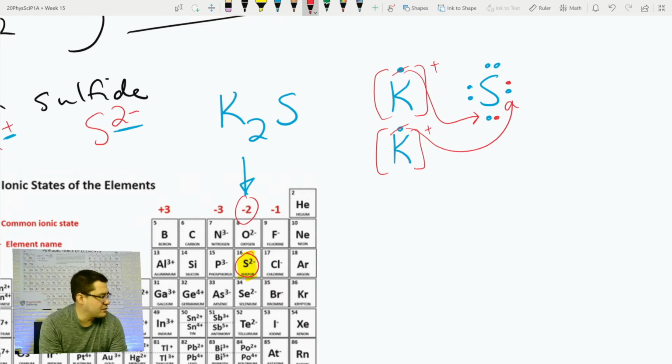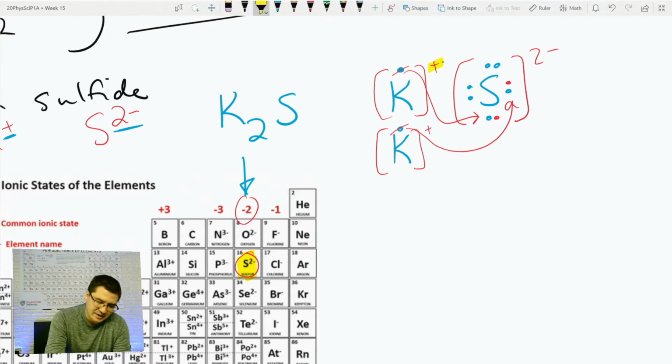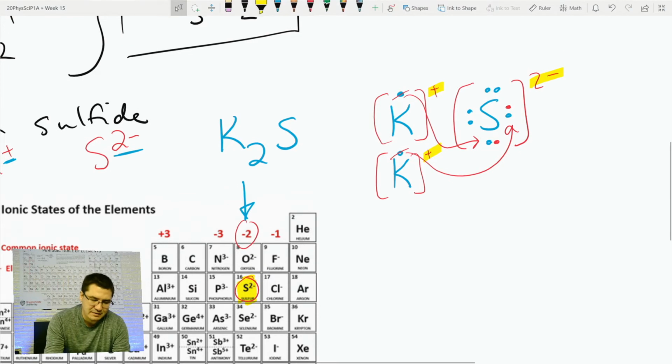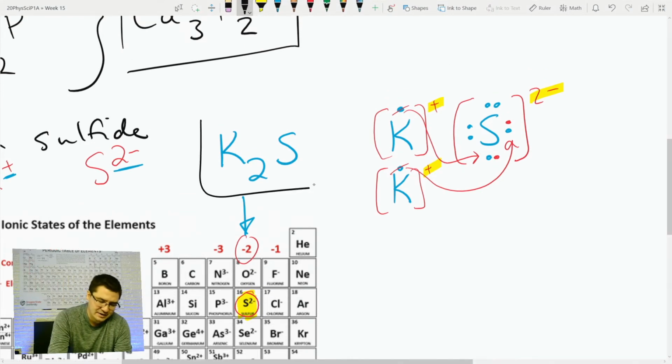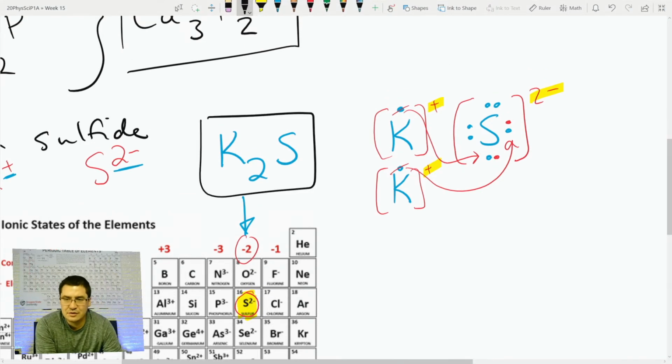They're down 1 electron compared to the protons that they have. And if sulfur gained 2, now it has a 2- charge, and you'll notice that +, +, and -2 sum to 0. So I write potassium sulfide as K2S, and I balance those charges.